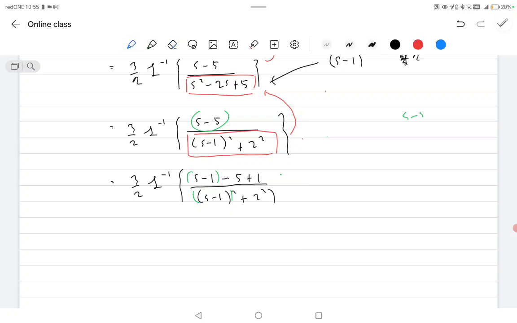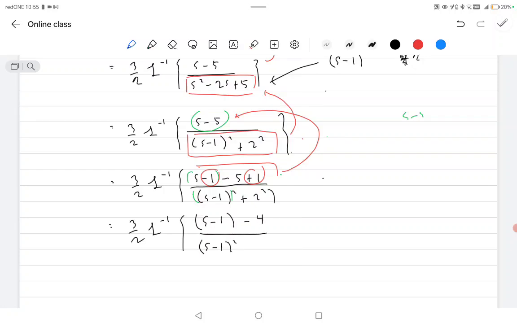So if you put minus 1 here and plus 1 here, this is all still similar to this one. So from here you get 3 over 2 inverse Laplace of (s minus 1), minus 5 minus 4, over (s minus 1) squared plus 2 squared.